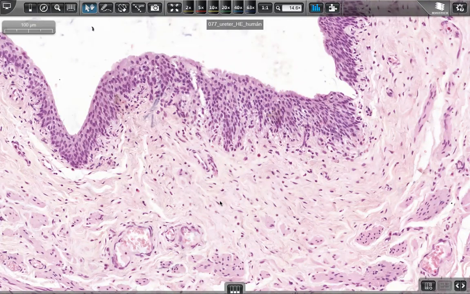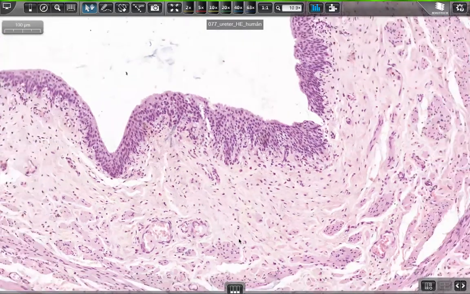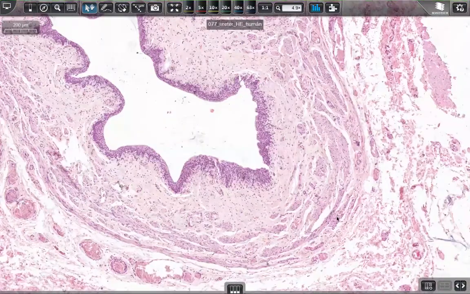So this is the lamina propria. And this slide is quite typical, unlike the gallbladder, because it represents neither muscularis mucosae nor submucosa. So under the lamina propria, immediately the tunica muscularis or muscularis externa begins. This is it. And there is an inverse direction of the smooth muscle layers.